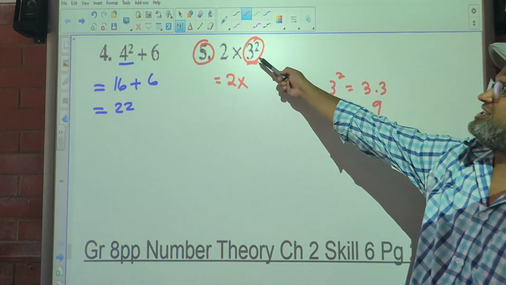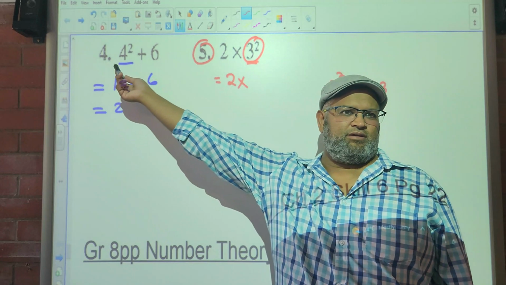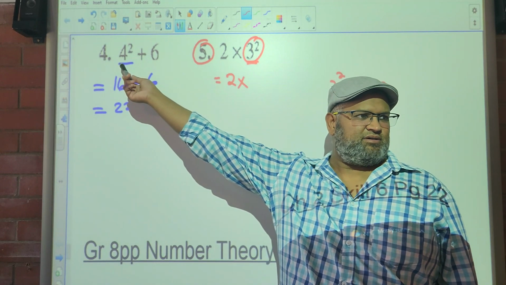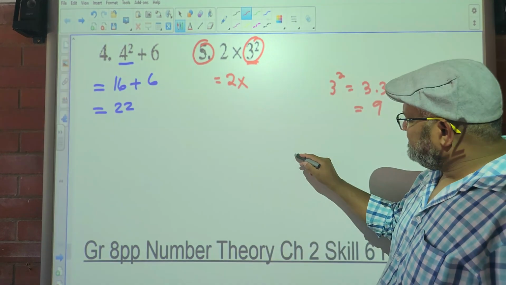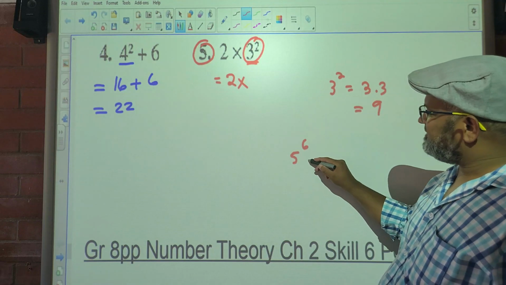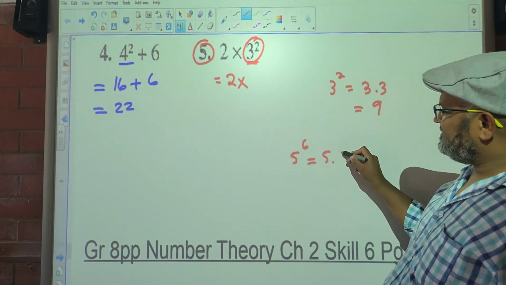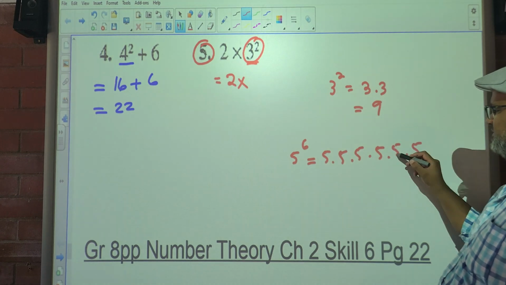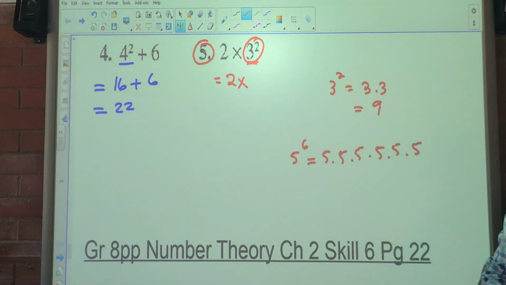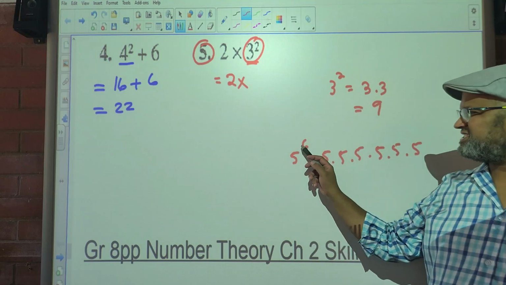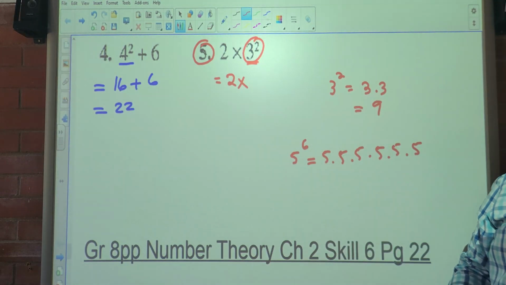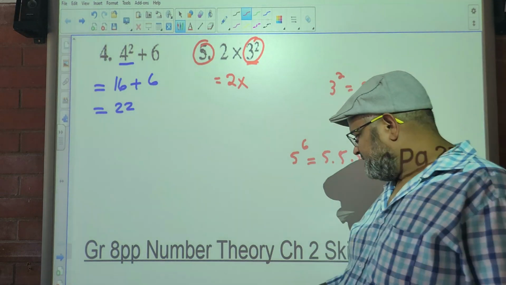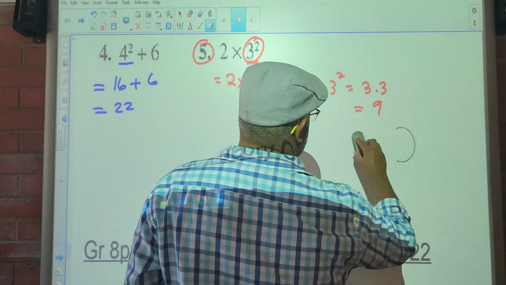Often people are going to write 6 and 8 here. It's wrong, no? You're going to lose marks. Remember, if you got 5 to the 6, what does that mean? It's 5 times 5 times 5 times 5 times 5 times 5, and not 6 times 5, which is 30. It's not the same. Okay? Don't make that mistake. It's going to cost you.